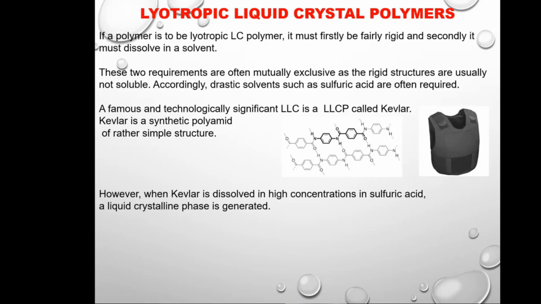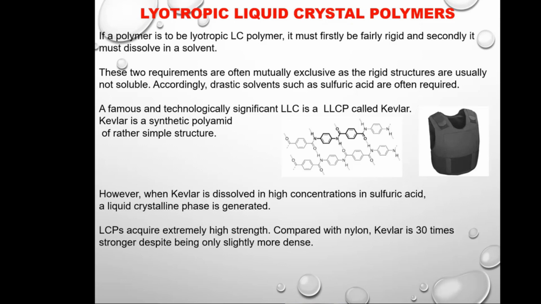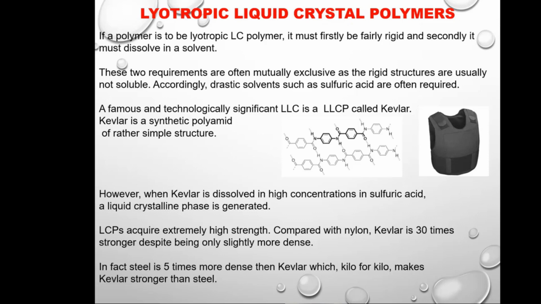So this ability of forming this liquid crystal phase by this polymer makes Kevlar a super strong material. For example, compared with nylon, it is 30 times stronger, despite being only slightly more dense. In fact, steel is 5 times more dense than Kevlar, which kilo for kilo makes Kevlar stronger than steel.